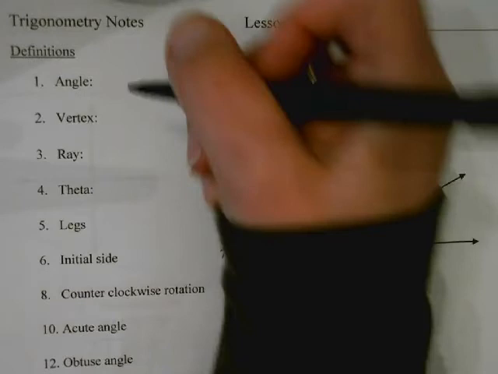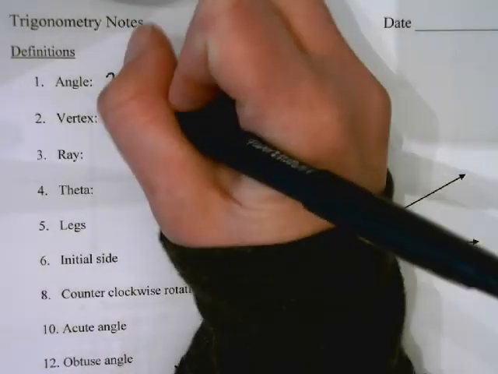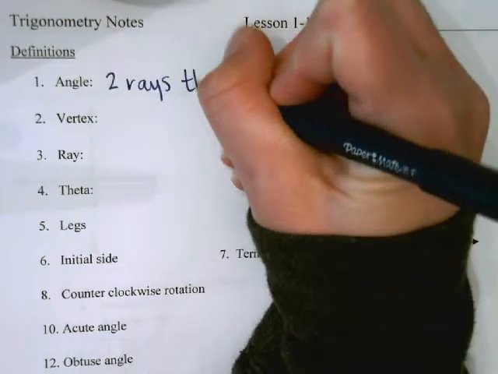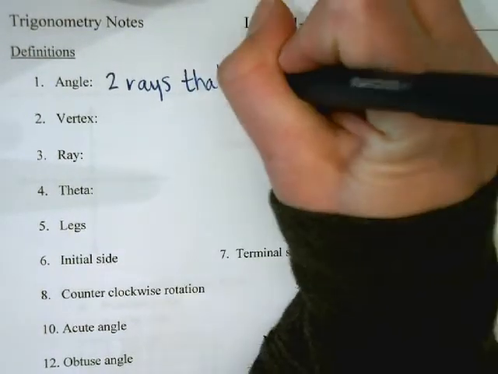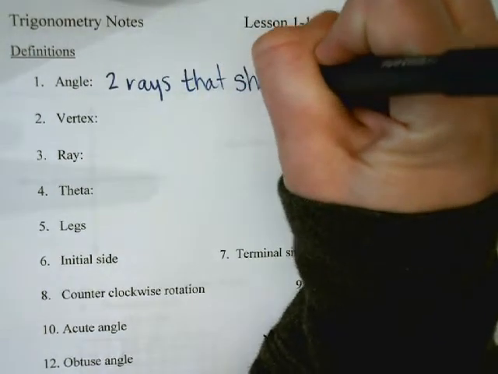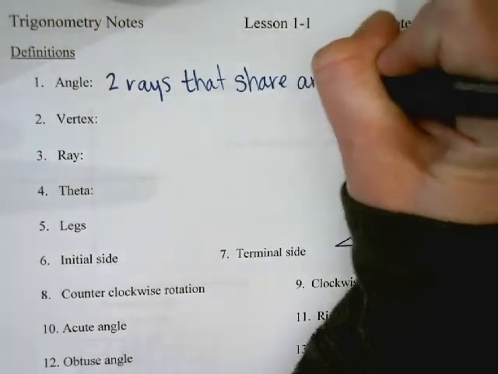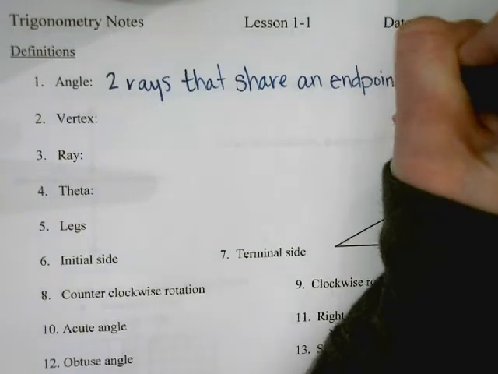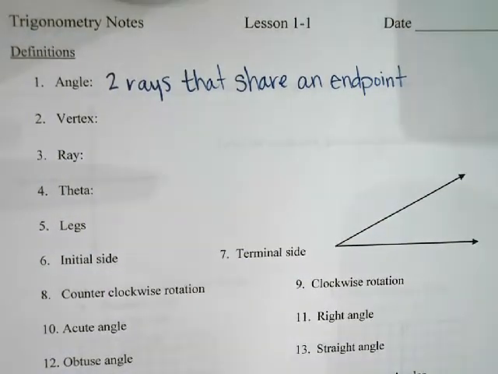Alrighty, an angle is two rays that share an endpoint. A vertex is that common endpoint.